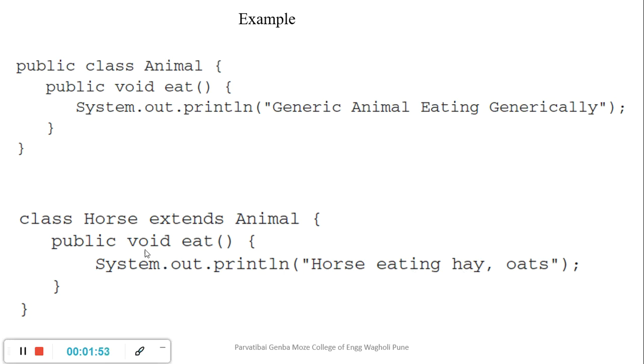So we have modified the behavior of this eat method. Here "generic animal eating generically" was the previous version. Now we are printing "horse eating hay or oats". So this is called method overriding. The eat method has been overridden in the Horse class.